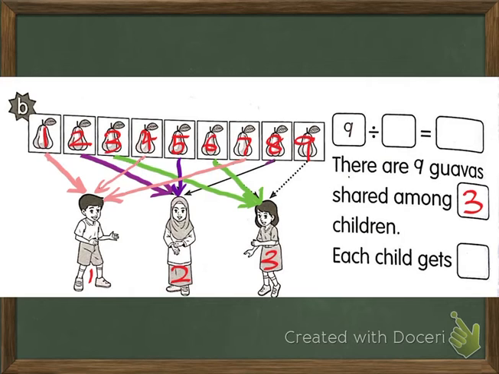The arrow, the 8 guavas goes here. Okay, left one. Left one. Okay, it's over here.